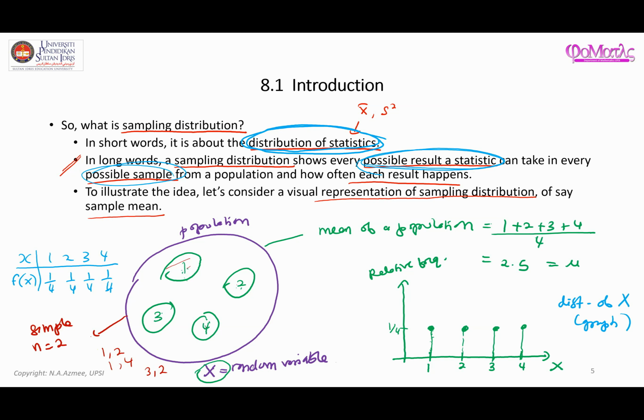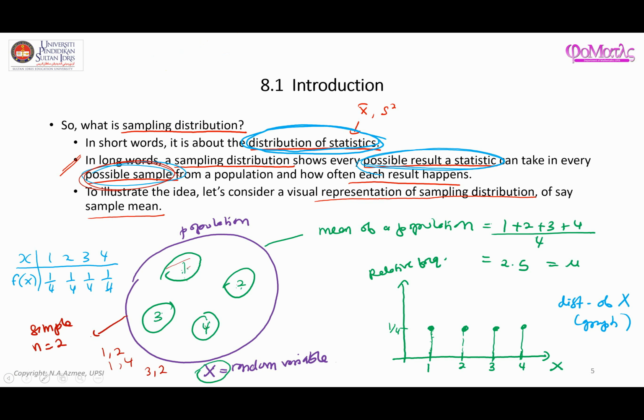But we need to think about all the possible samples, so you need to be systematic about it. So we can think about it in terms of, well, let me just come up with a table.